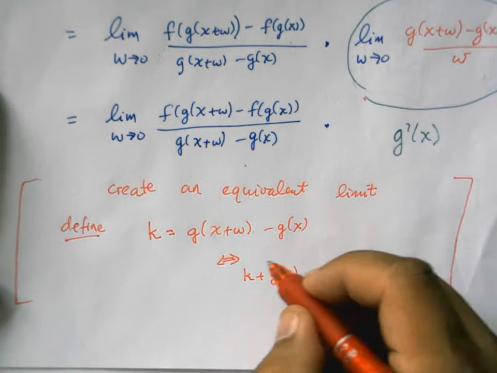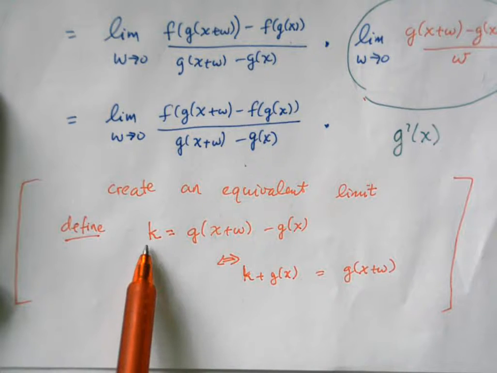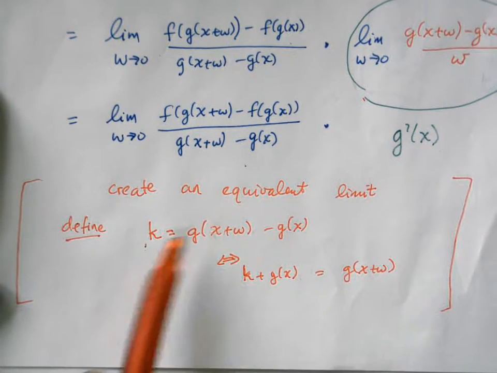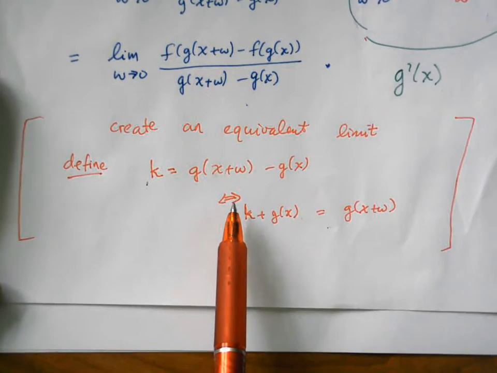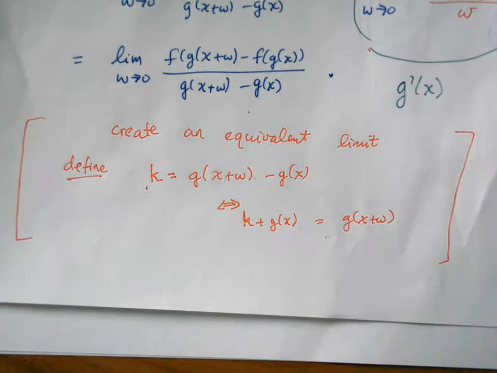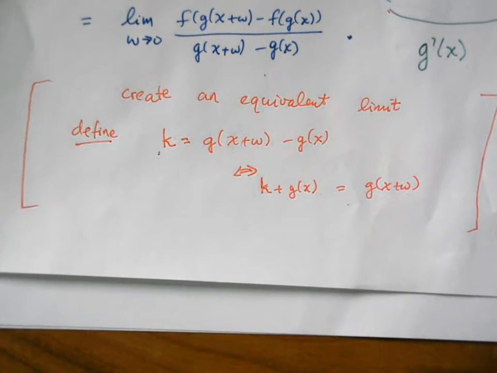So I can define k as this term right here, and if I add g of x to both sides, I get this little equation. And each one of these versions will be useful to us very shortly.